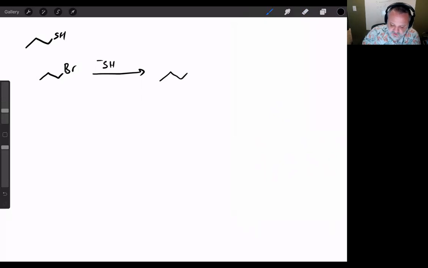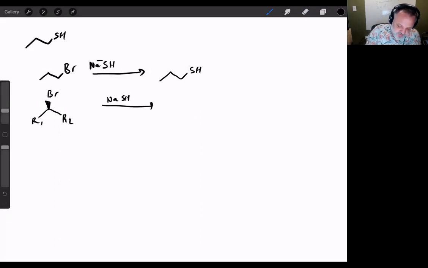So it easily does a substitution reaction where it kicks off the bromine, even if it's in, say, a secondary position. And of course this might be NaSH as well. You can still get the sodium sulfide to kick off the bromine and do a substitution reaction.